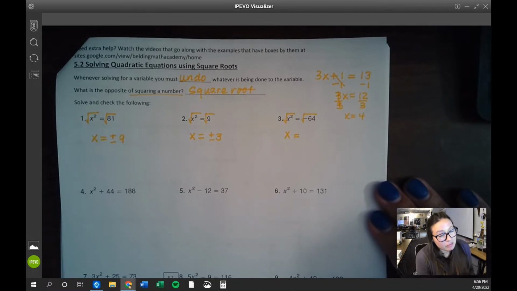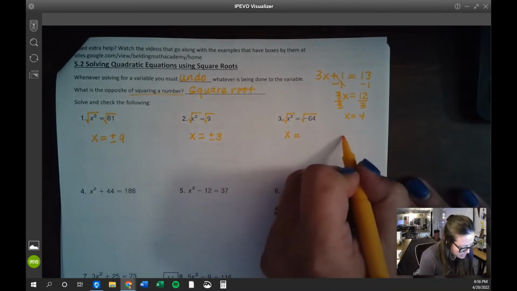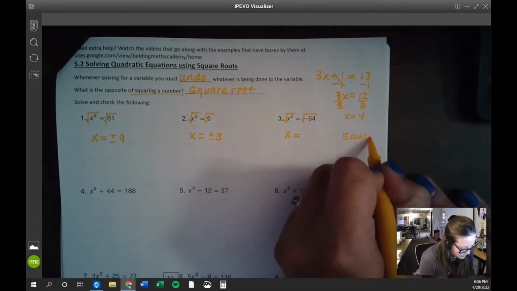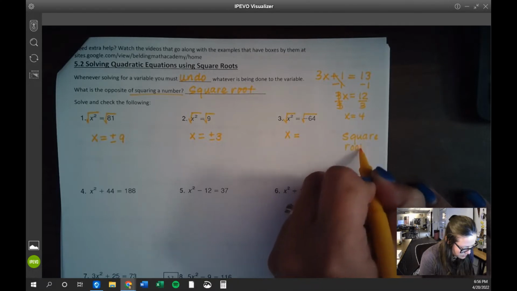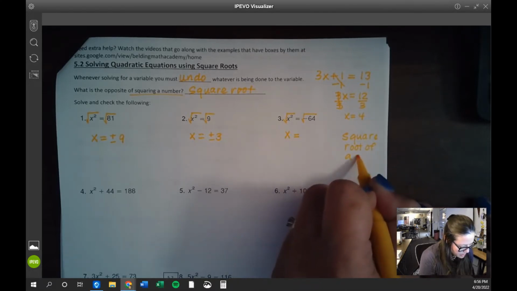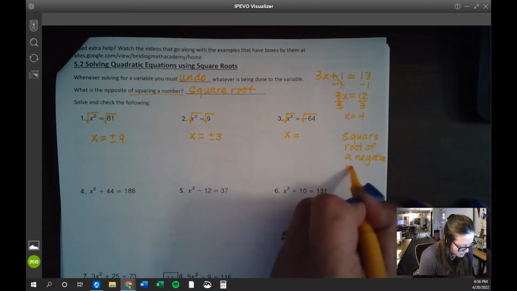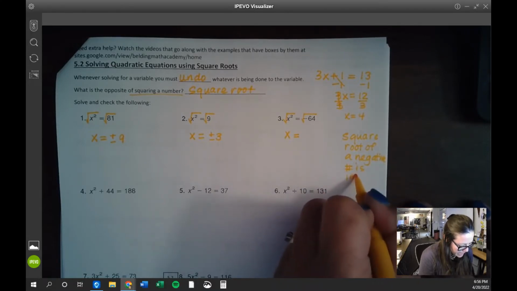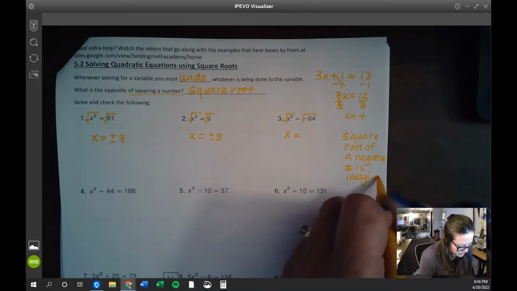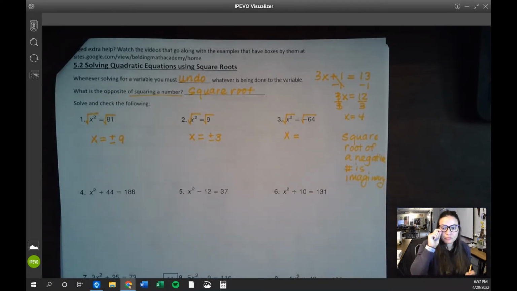And maybe you remember this, but when we take the square root of a negative number, the square root of a negative number is imaginary. Okay?